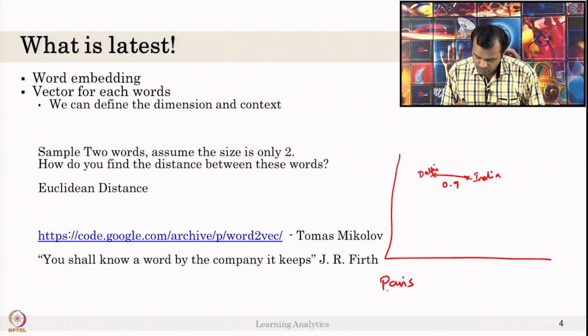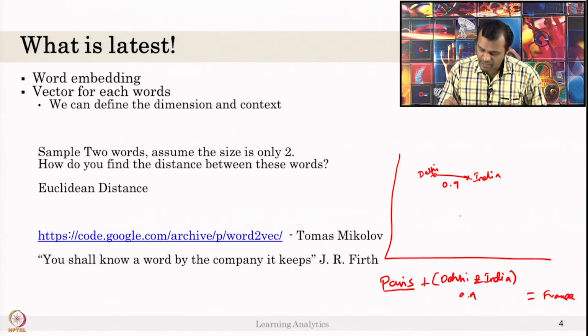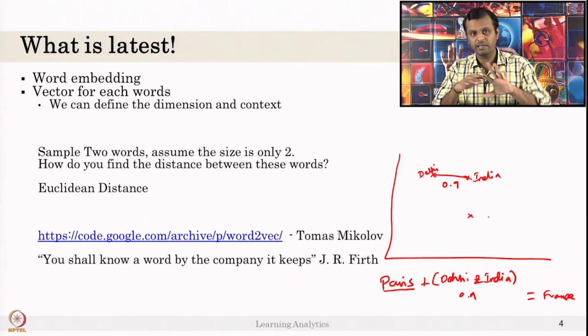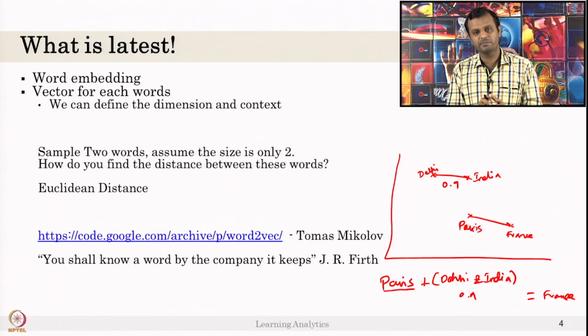What I have to do is take the vector Paris plus the distance between Delhi and India. If I apply that distance, 0.9, the next word will be France. The idea is that for another 2 vectors somewhere else, Paris and France, the relationship between these 2 will be the same as Delhi and India, that is it.